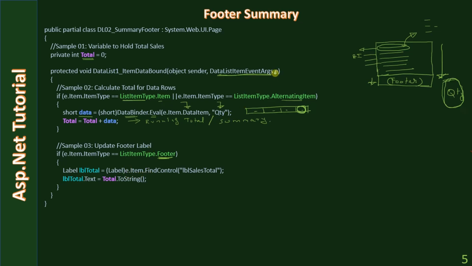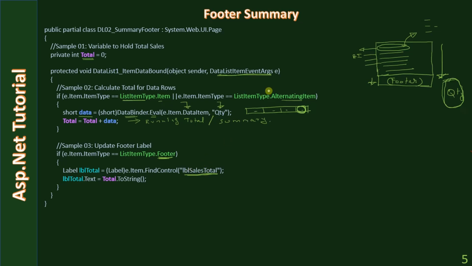So from the event argument, e.item.FindControl and lblSalesTotal. So in the footer template we will be creating a label, right, a server side label or ASP label control, and we named that as lblSalesTotal.